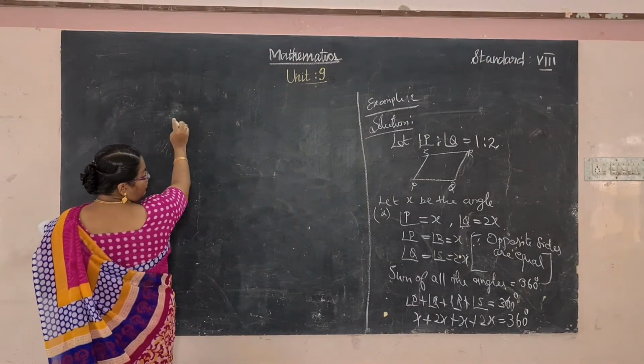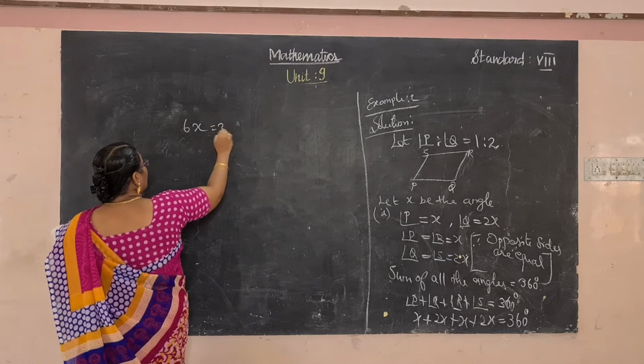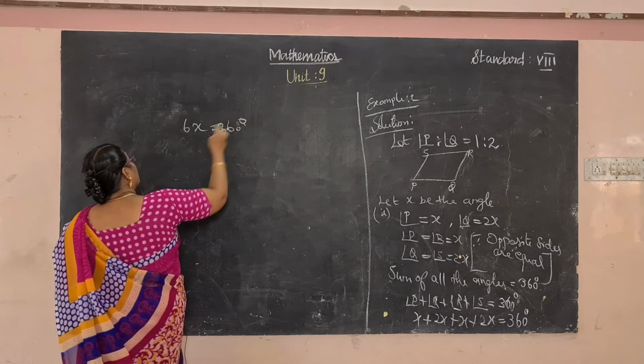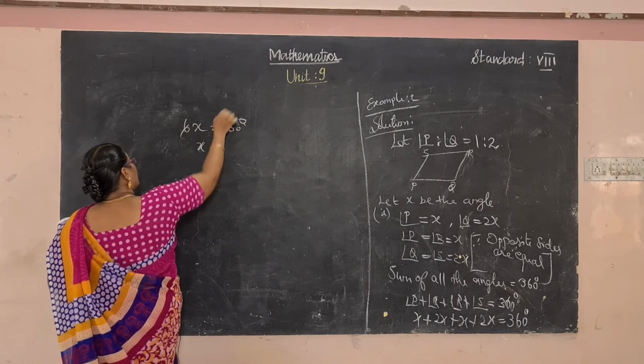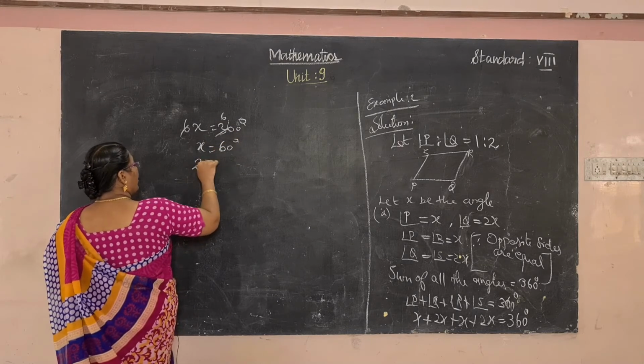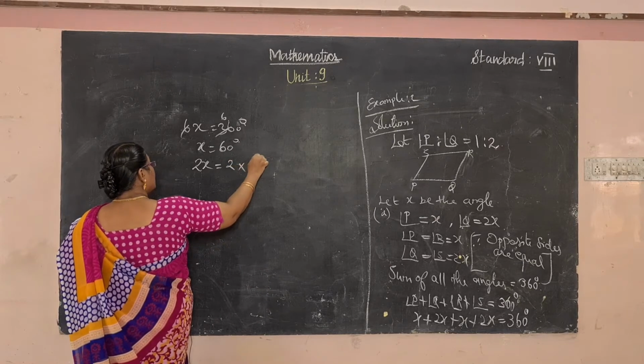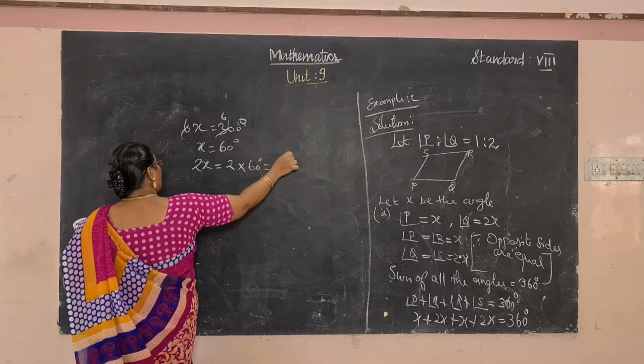Add all the variables: 3x plus 3x, 6x is equal to 360 degrees. So x equals 60 degrees. Now we find the 2x value: 2 into 60 is equal to 120 degrees.